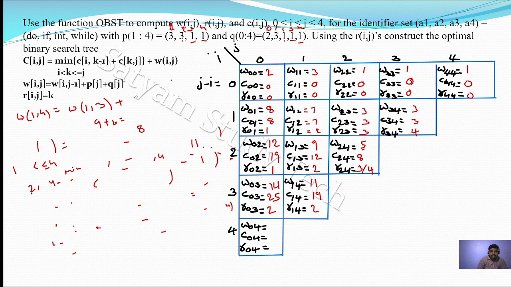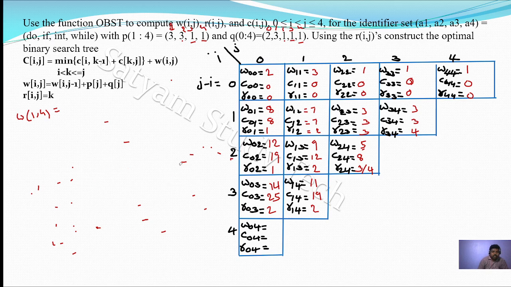When j minus i equals 4, i value is 0 and j value is 4, so that is only one. After calculating this value, which is the last value, you can draw the optimal binary search tree directly based on the table values.